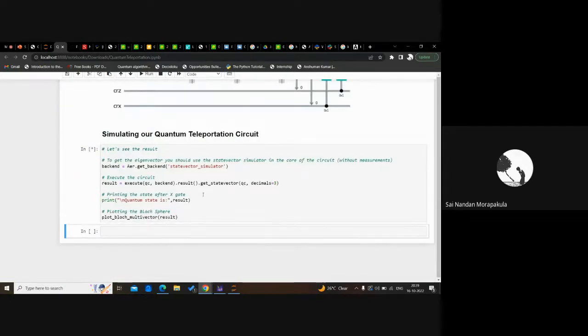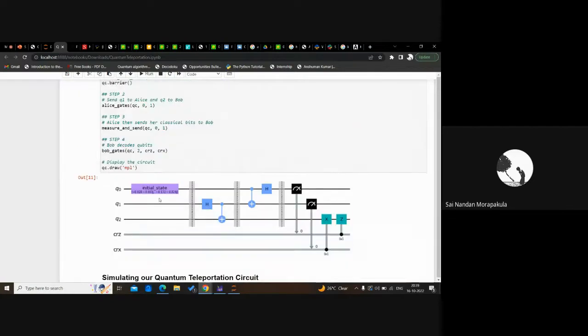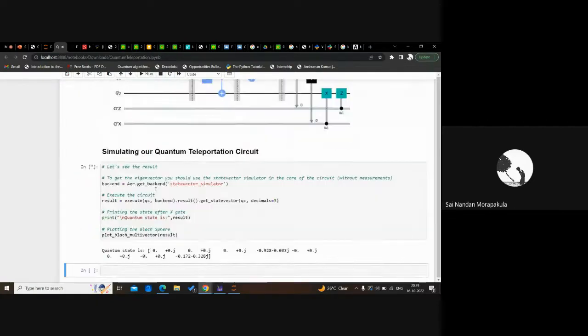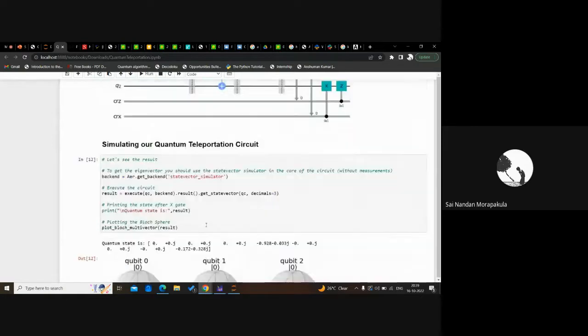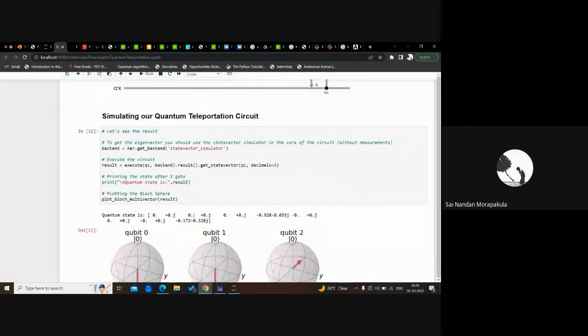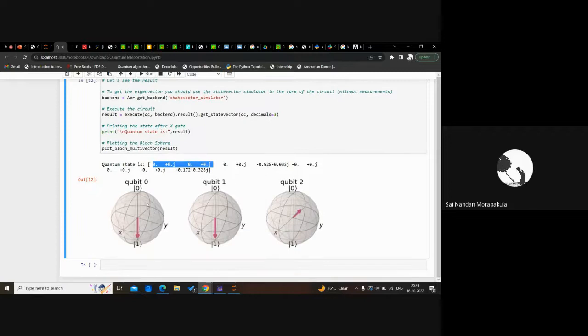So now the main agenda is that this initial state should be equal to the output we get, right? That is what we are trying to do. So if you can see, 0 plus 0j and 0 plus 0j belong to the first qubit, that is qubit 0. What has happened here is that you measured qubit 0, right?